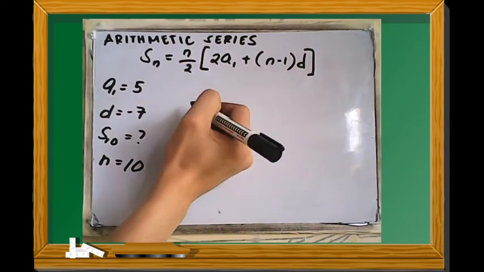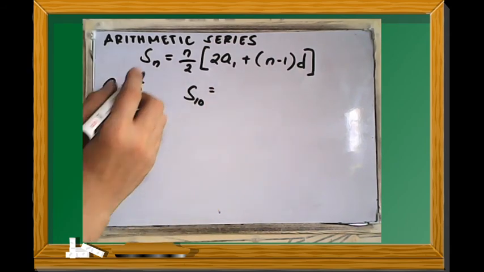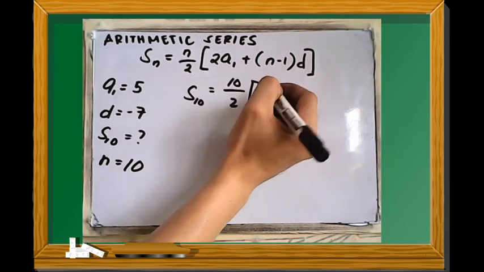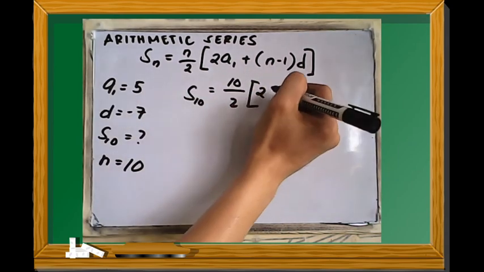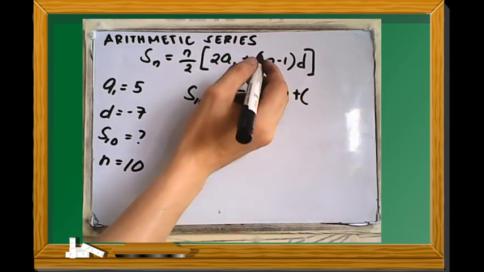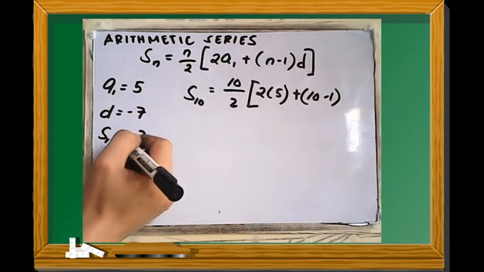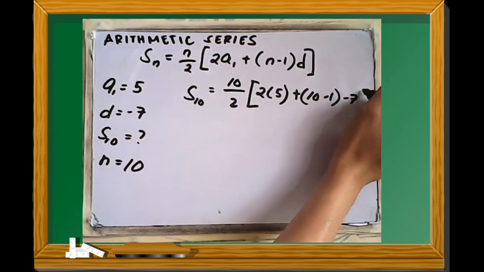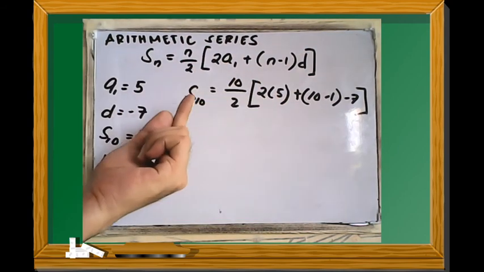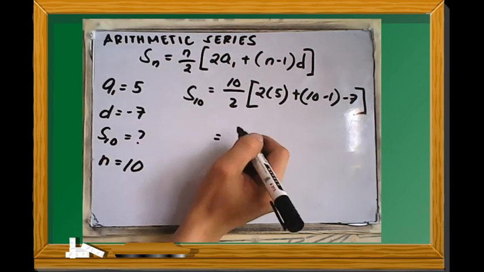So if we use this formula, S sub 10 is equal to n, 10, over 2 multiplied by 2 times a sub 1, which is 5, plus n, which is 10, minus 1 multiplied by the common difference, which is negative 7. So if we substitute these values to the formula, this is how it looks. After this, you can perform the operation.